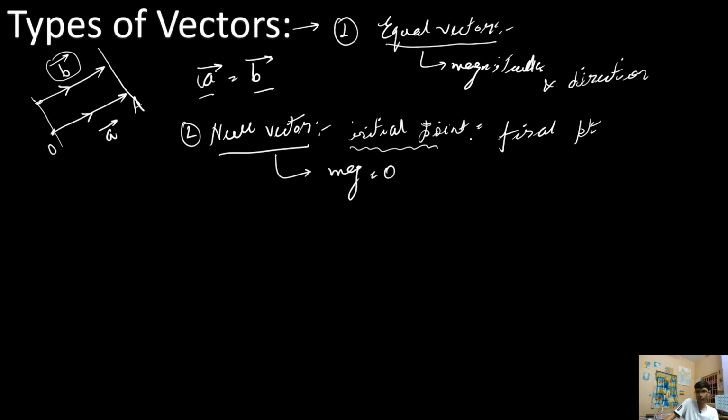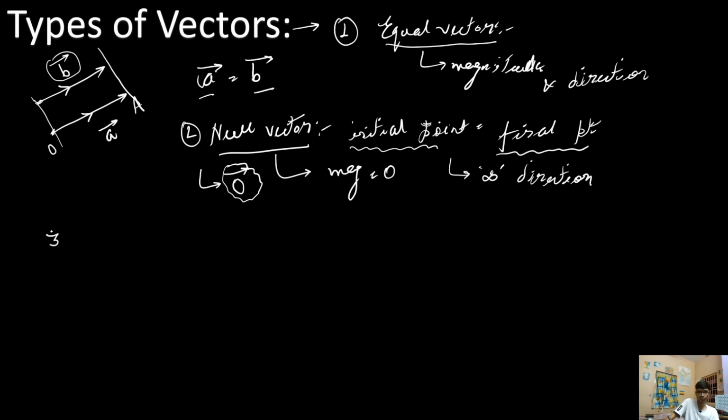And if the initial point is equal to the final point, then I can have infinitely many directions of this vector. Such vectors which have magnitude 0 and infinitely many directions are represented by the null vector, which is represented by the 0 vector. Such vectors are known as null vectors.